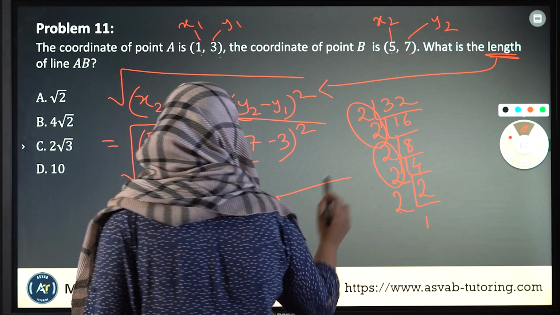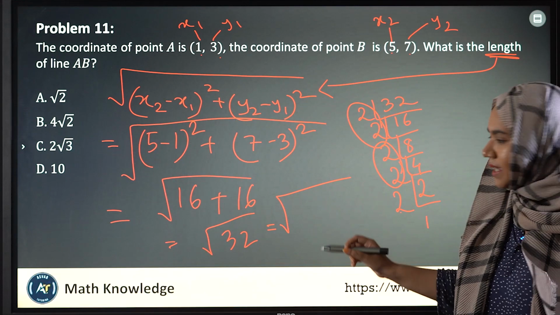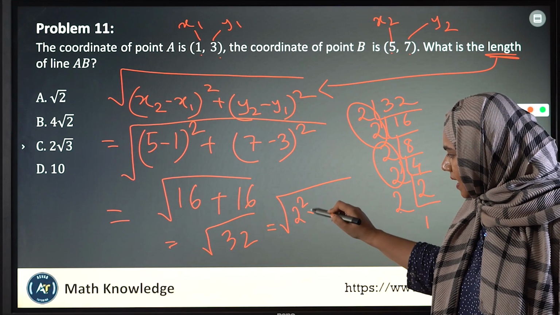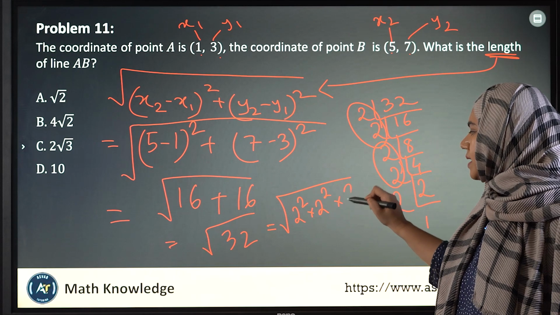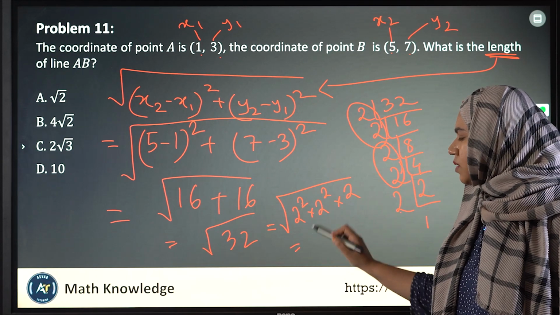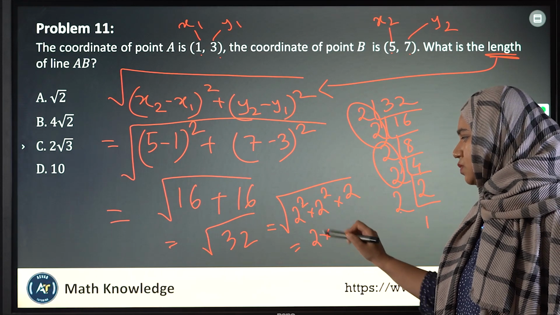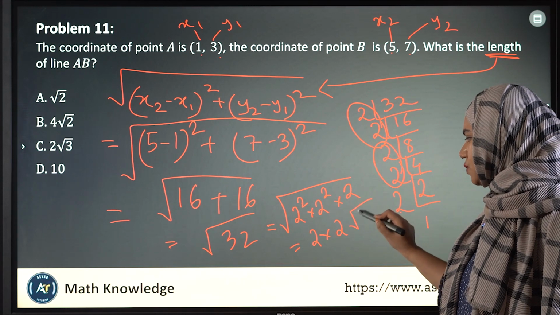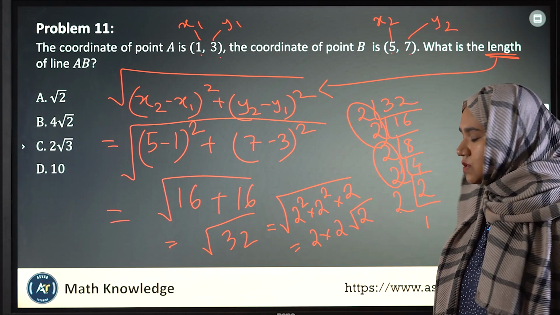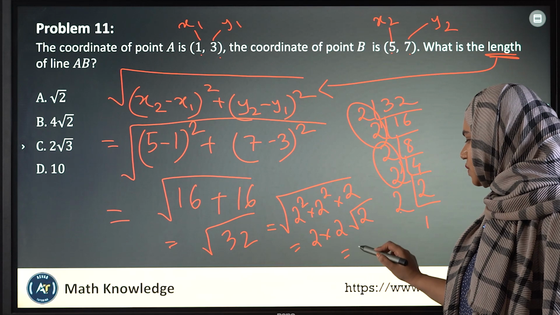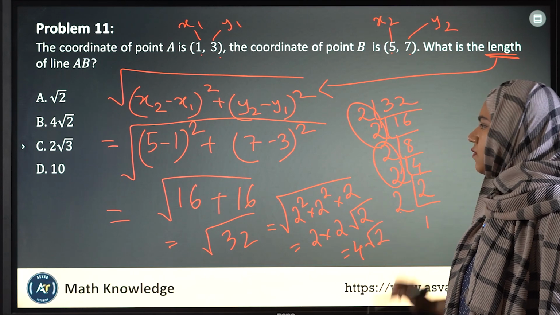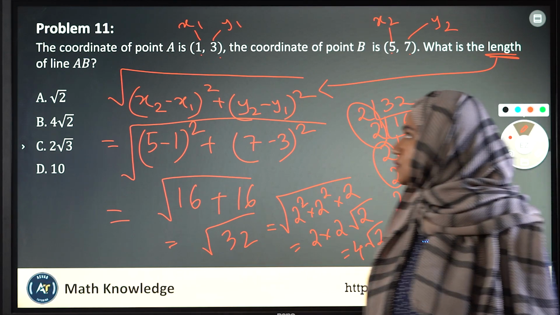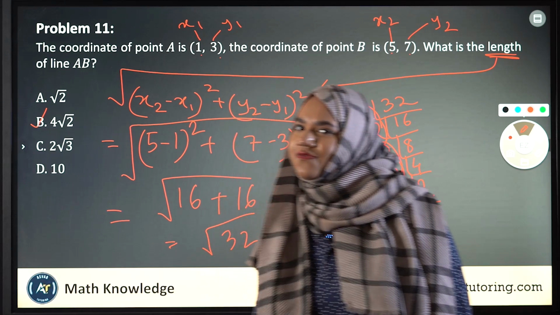So if you want to write it like this, you can actually write 2 squared, again a 2 squared, and again a 2. So this square and root are going to get cancelled out. It's just going to be a 2. Square and root cancelled out, just going to be a 2. But this 2 doesn't have anything to get cancelled out, so it's going to have the square root on top of it, which means that 2 and 2 is going to be 4. So that's 4 root 2. So the correct answer to this is B, 4 root 2.